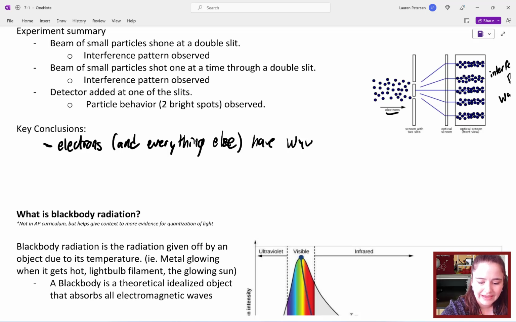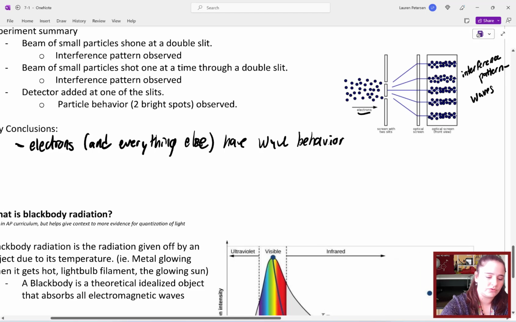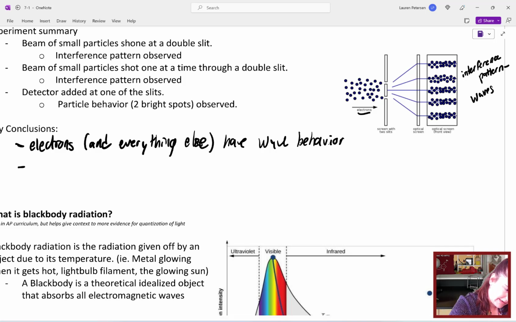have wave behavior. So the actual reasoning and how this is justified is that once the electron goes through the slit, the electron exists as a wave of probability. Electron is a probability.